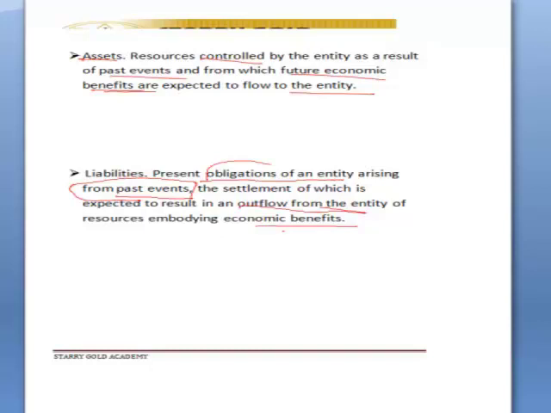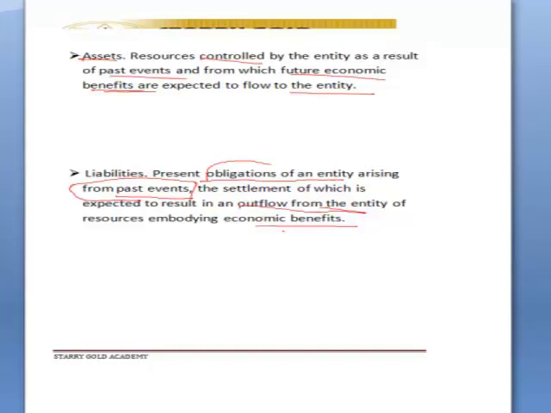So this is the standard definition of asset and the standard definition of a liability. Once again, assets are resources controlled by the entity as a result of past events and from which future economic benefits are expected to flow to the entity.